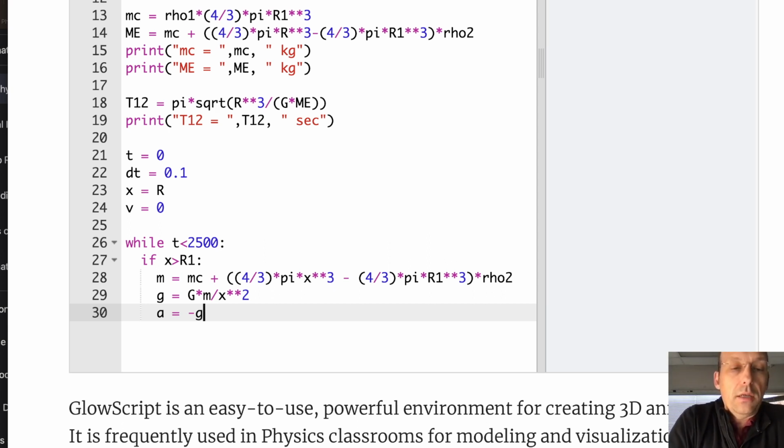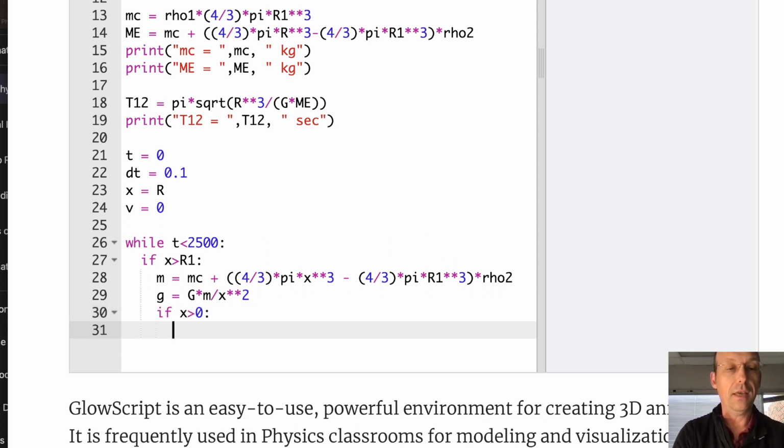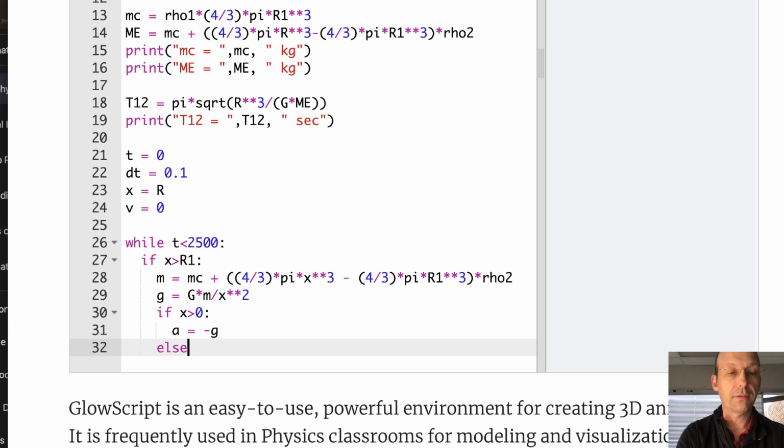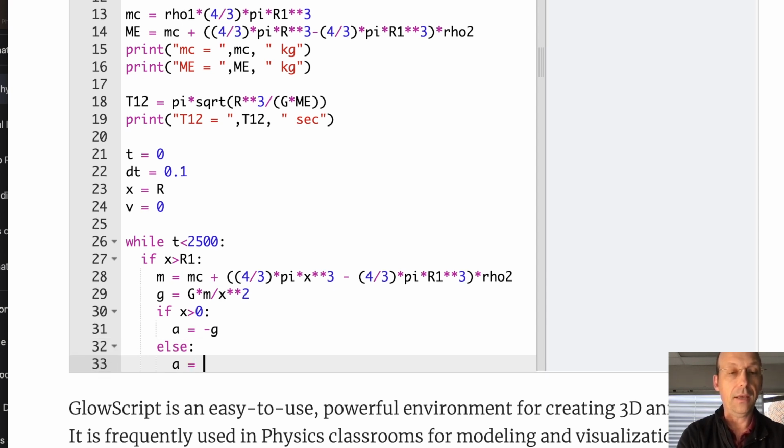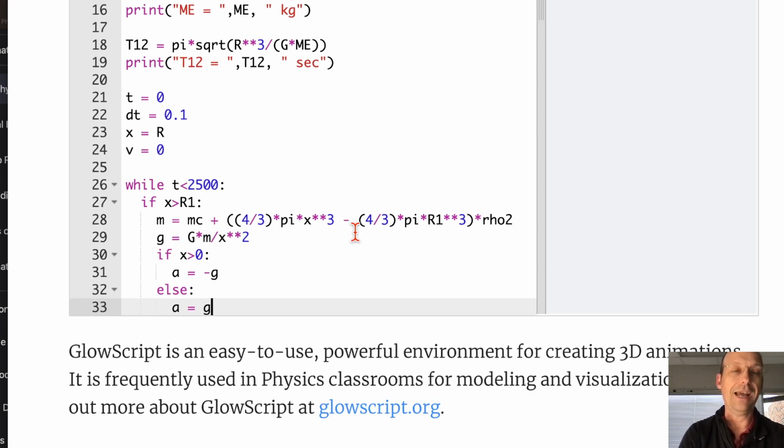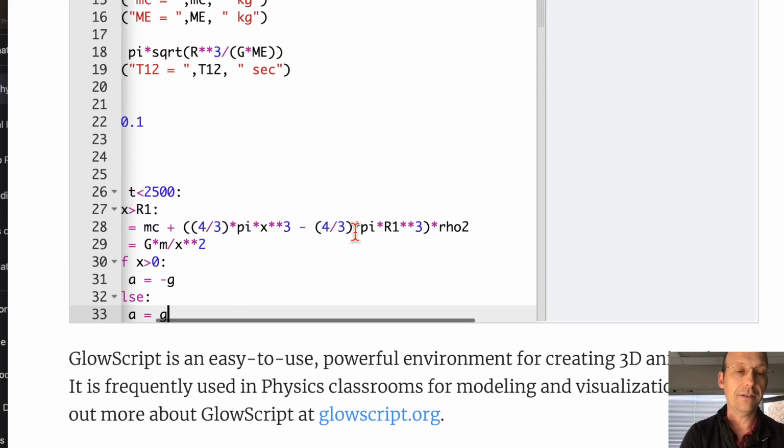I should have done this as a vector. So that's the magnitude of my acceleration. So let's just do this: if x greater than 0, then A equals negative g, else A equals g. I know that's dumb, but who cares, right? It doesn't matter.